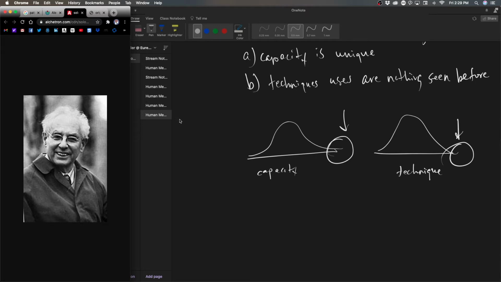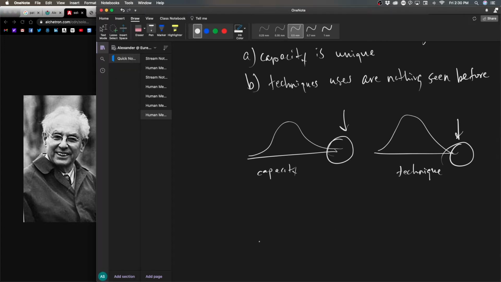Shereshevsky was a newspaper reporter and was sent to Luria by his editor because his editor had noticed his amazing ability on things that he remembered, like being able to recount stories and things like that. Just like I mentioned, right? So the first thing Luria did was have him do a digit span test. Okay.